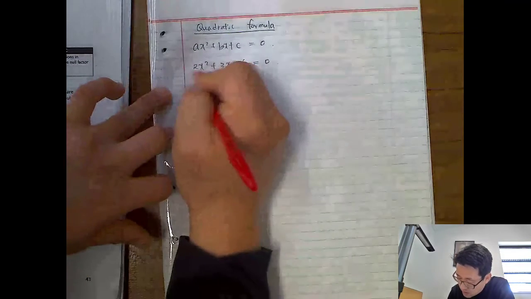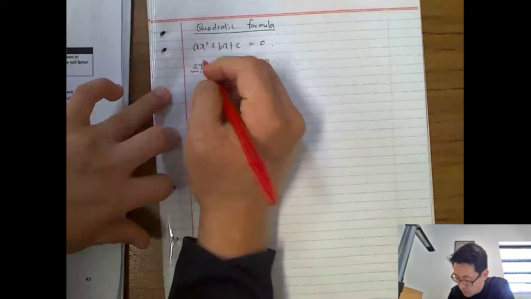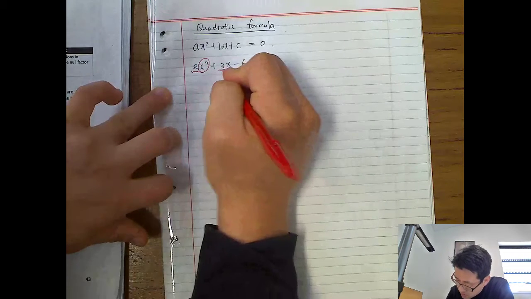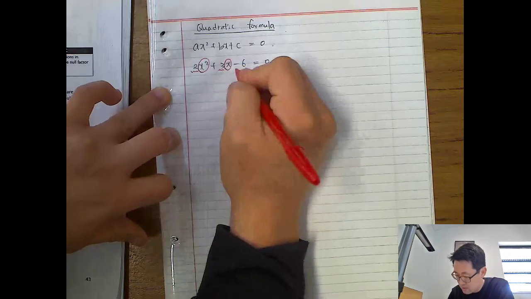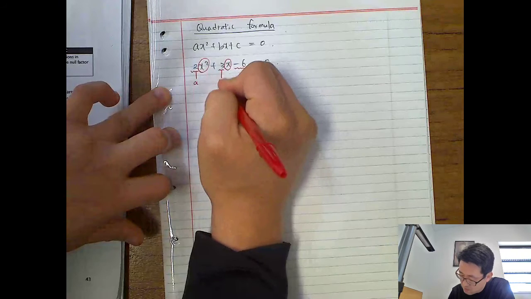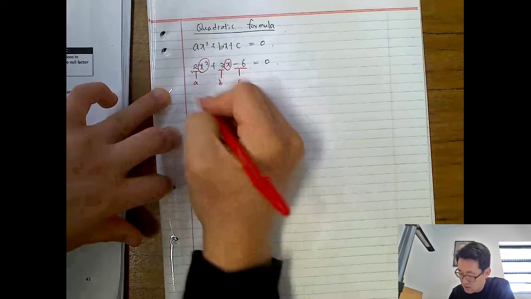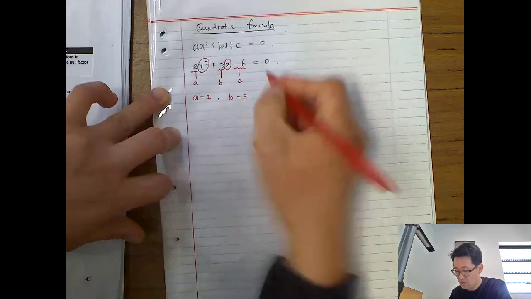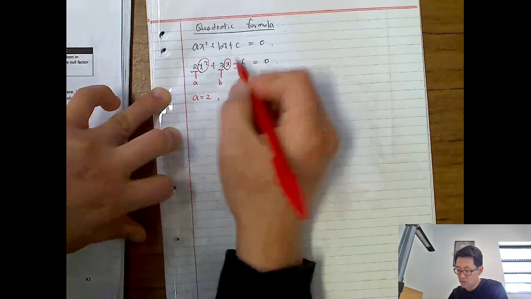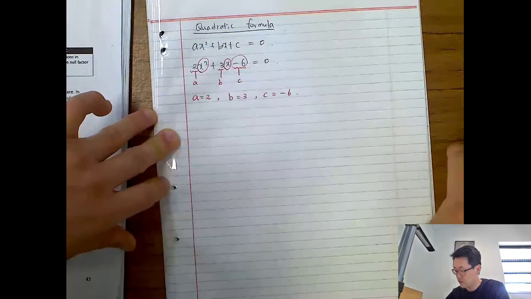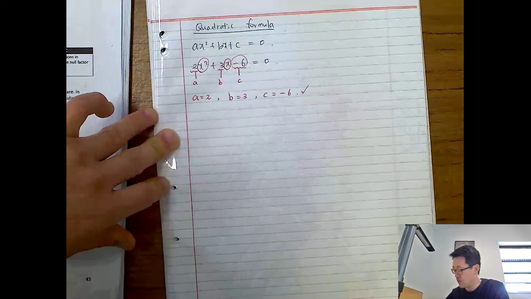And then a is the number coefficient in front of x squared, and b is in front of x, c is the number. So that's a, b, c. Therefore, a equals 2, b equals 3, c equals negative 6. That's all I need to do first.